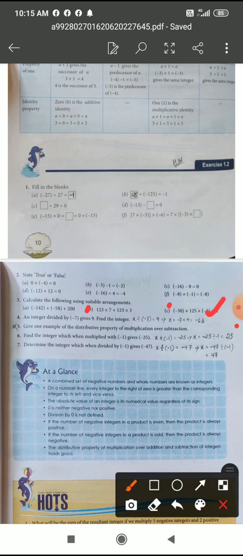Okay, here children, by mistake division is written. You write what? 47 multiply minus 1 equal to 47. Okay. Like this children, you complete exercise 1.2.